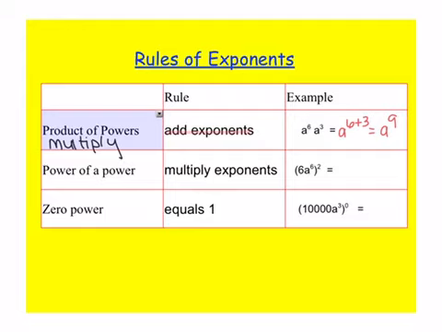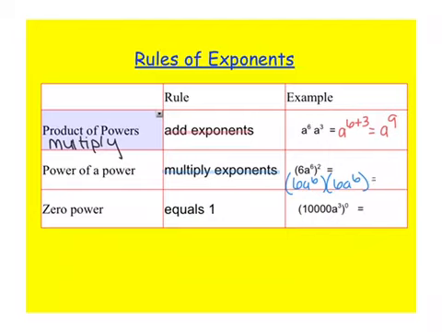Power to a power. That means when we have 2 exponents next to each other like this, that's going to be a power to a power situation, and we are going to therefore multiply the exponents. So when we have this, everything in this set of parentheses is squared. One way we could write it is 6a to the 6th times 6a to the 6th, which then brings us back up to a multiplying situation.